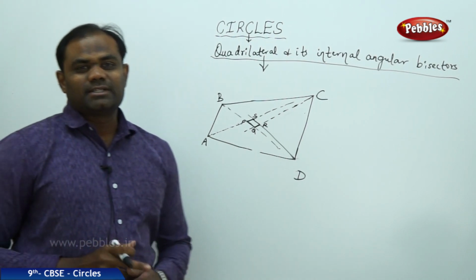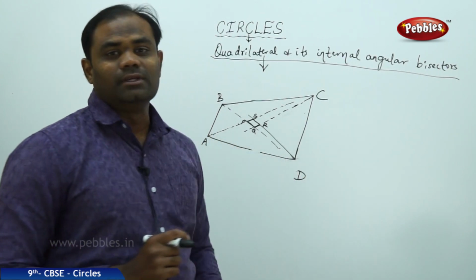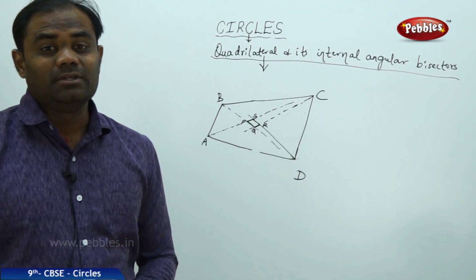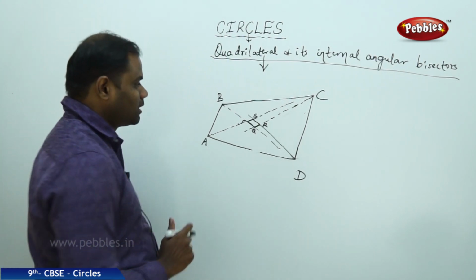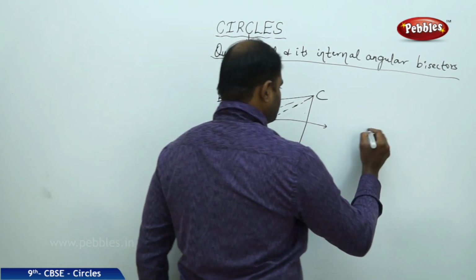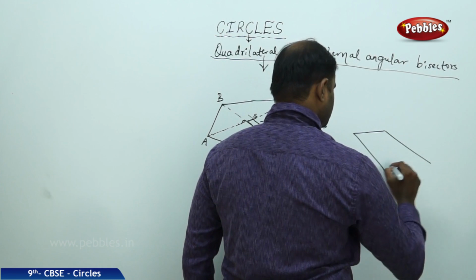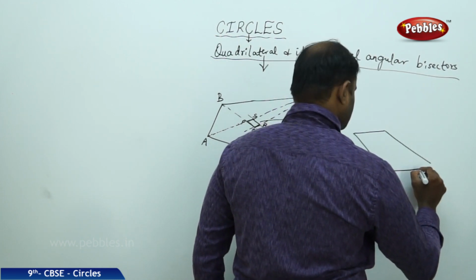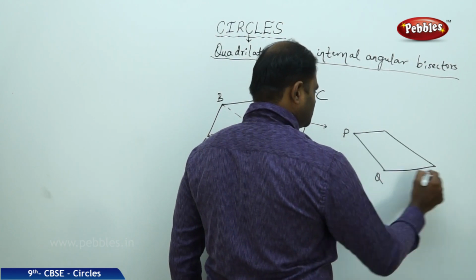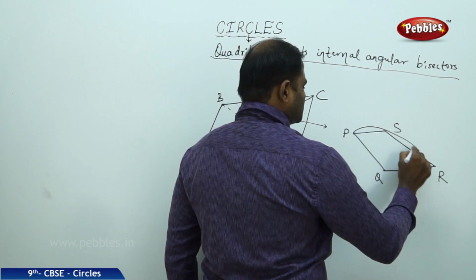So the property says that such a quadrilateral which is formed by each of the internal angular bisectors will be cyclic. That means the quadrilateral formed out here, which is PQRS, must be cyclic.